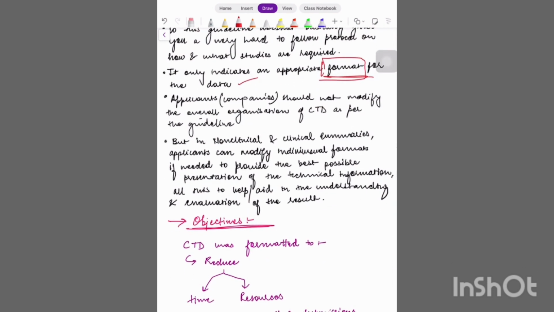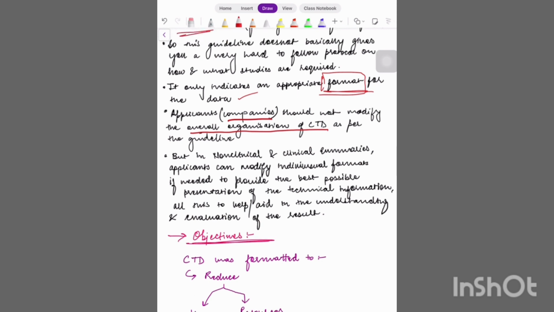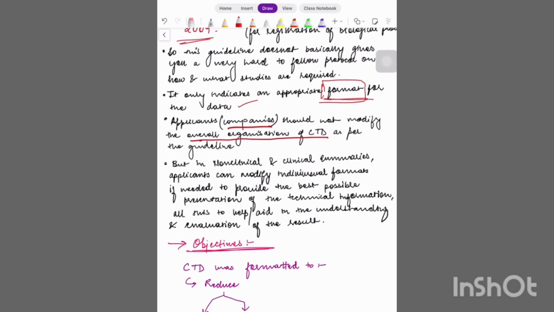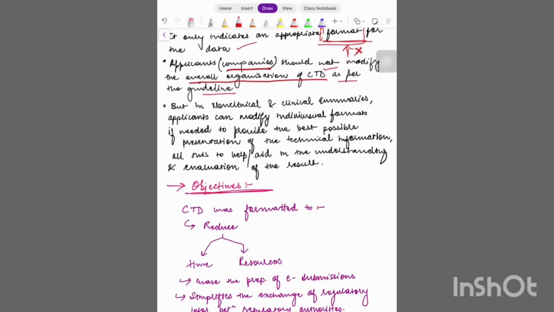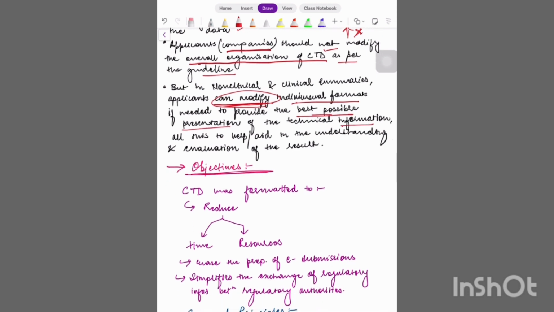Applicants, that is any pharma company, should not modify the overall organization of CTD as per the guideline. But this freedom doesn't mean you modify the format yourself. The overall organization of CTD has to be as per the guideline. But in non-clinical and clinical summaries, the applicant can modify individual formats if needed to provide the best possible presentation of the technical information, to aid in the understanding and evaluation of the results.